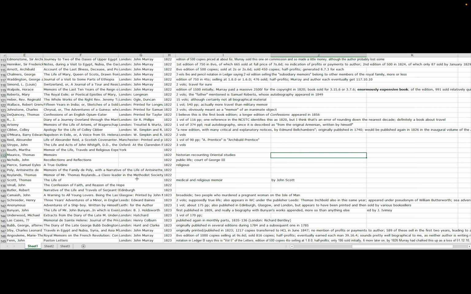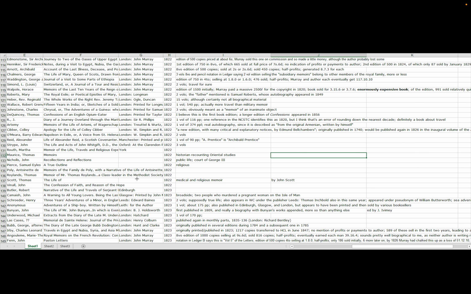CRUD stands for Create, Read, Update, and Delete, and creating a CRUD app is by far the most common way to manage databases. There are all kinds of systems for creating a CRUD app, but there's a lot of manual work in deciding what is going to go into it.